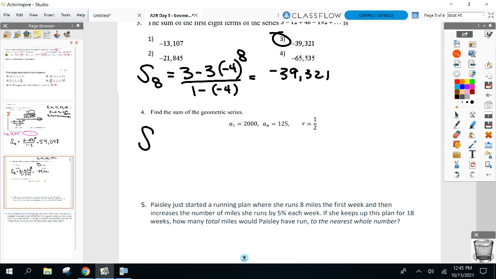I don't have an n value. That stinks. I guess we could go 2,000 minus 2,000 times 1/2 raised to the, I still don't know, over 1 minus 1/2, right? I can do that, but I don't know what the n value is.